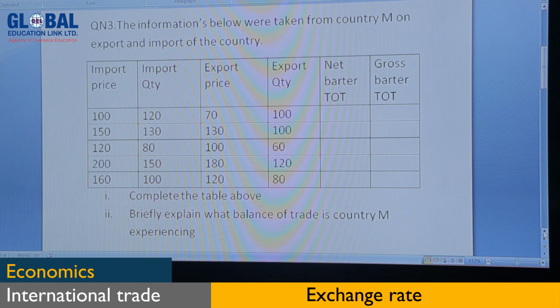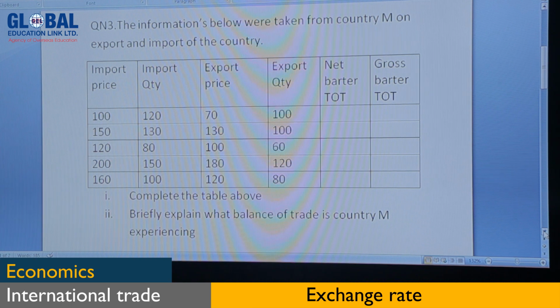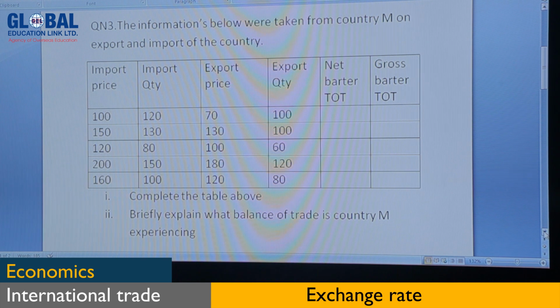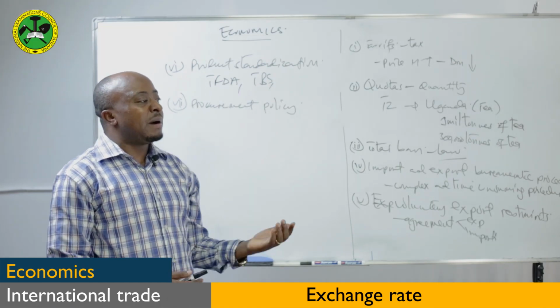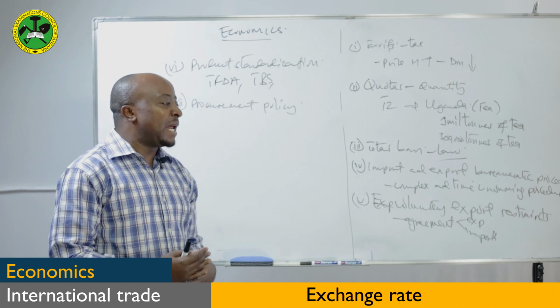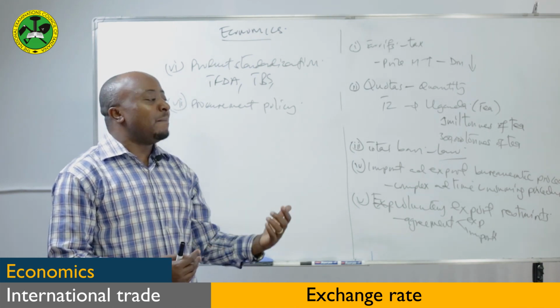It means you complete the part of net barter terms of trade and gross barter terms of trade. Then number two, briefly explain what balance of trade country M is experiencing. It means after calculating those net barter terms of trade and gross barter terms of trade, then briefly explain which balance of trade country M is experiencing.